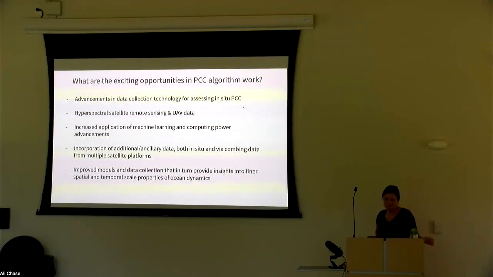And of course, improved models and data collection that allow us to look at finer scales. So continuous measurements where we can look at detailed information across fronts, and more complex models that help us think about predictions of what we might see in the future in the ocean.